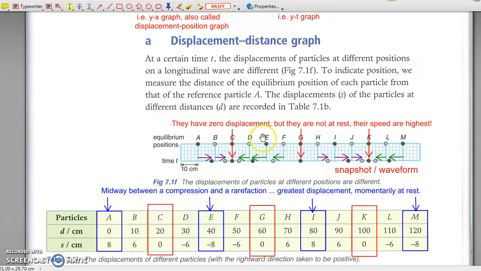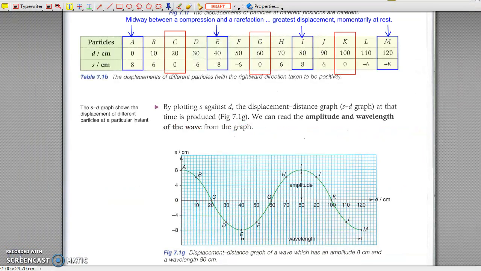They are all mid particles between a compression and a rarefaction. In other words, the particle just midway between a compression and a rarefaction has the greatest displacement, and it is momentarily at rest.